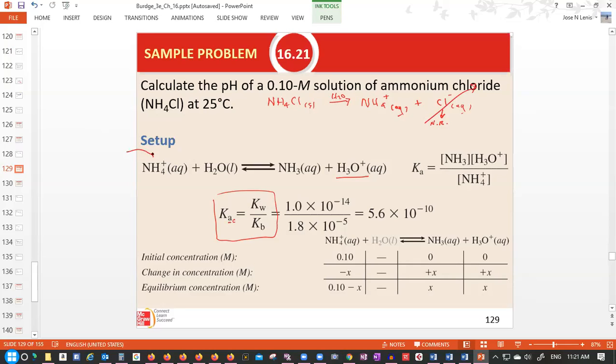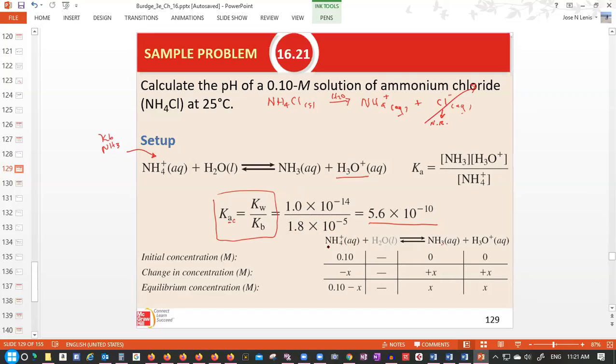This came from where? What was the base making this? Yes, NH3. So this one has a Kb. And we all know the Kb of ammonia, right? It's 1.8 times 10 to the negative 5. So Kw over Kb gives the Ka of that conjugate acid.